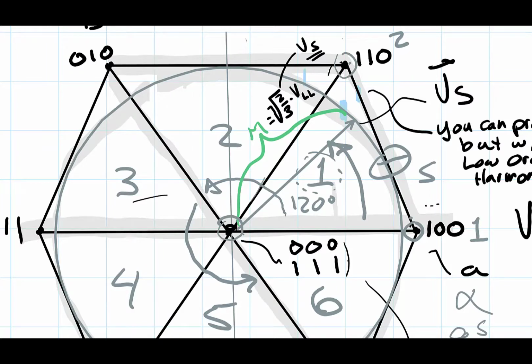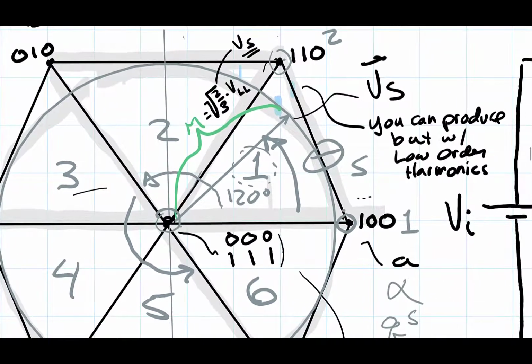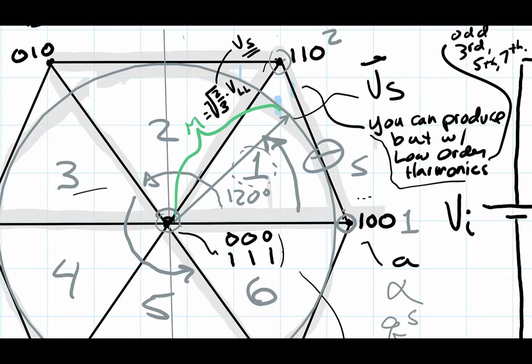So we're always going around this triangle to synthesize. Once we get beyond the circle, essentially this 0 state doesn't do much good for us. In the sine triangle, it doesn't allow us to synthesize the sine wave exactly. We will have lower harmonics. So what I mean by that are odd harmonics: third, fifth, seventh, etc.